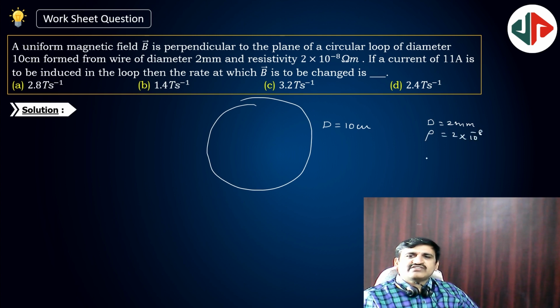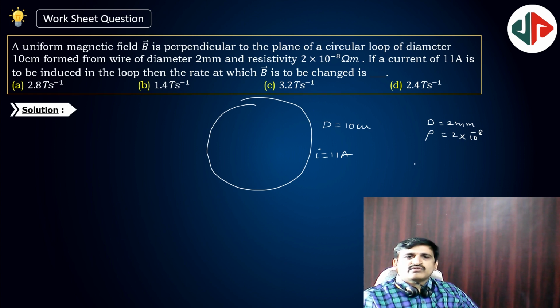If a current of 11 amperes, I is equal to 11 amperes, is to be induced in the loop, find the rate at which B is to be changed.